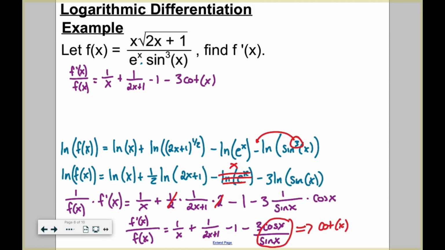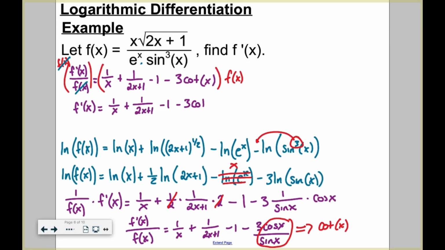All right, and then finally we need to get the f prime of x by itself, so we have to multiply both sides by f of x, where this f of x and that f of x cancel out, leaving us with f prime of x equals 1 over x plus 1 over 2x plus 1 minus 1 minus 3 cotangent of x. And remember, that is all times f of x.